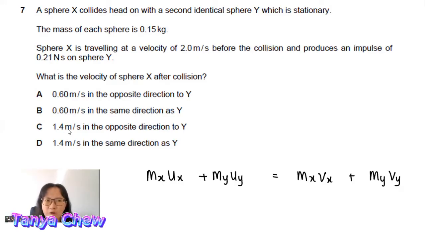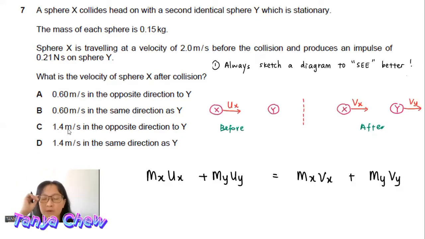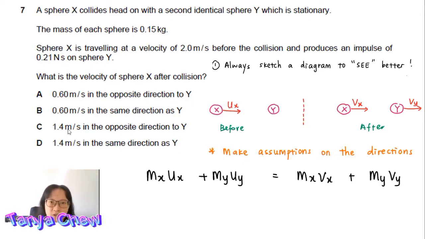So how do I solve this type of question? I always sketch a diagram so that I can see better. So this is my diagram. I make my assumptions on the directions of the final velocities of X and Y. It doesn't matter because the question did not even mention what happened to X, whether X is moving in the same direction or opposite direction. But no problem with that. I use my principle of conservation of momentum.